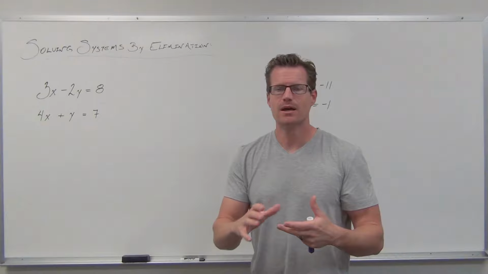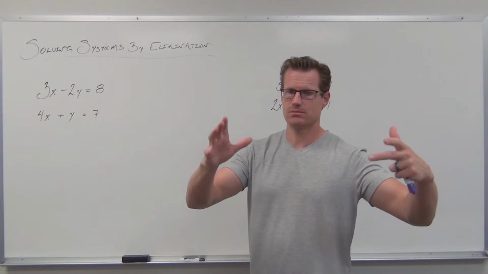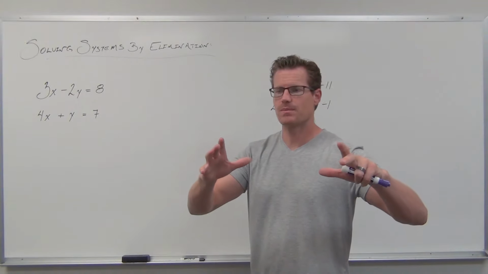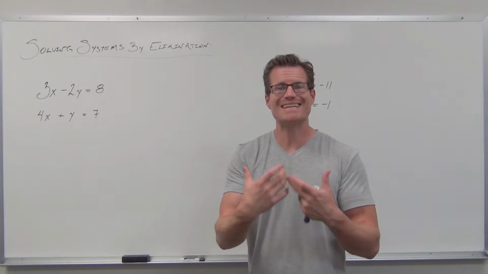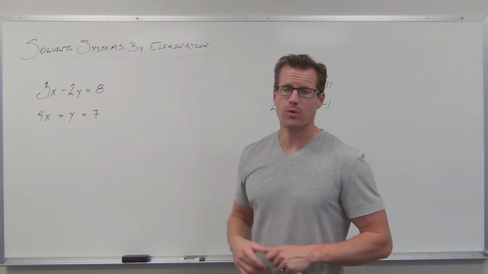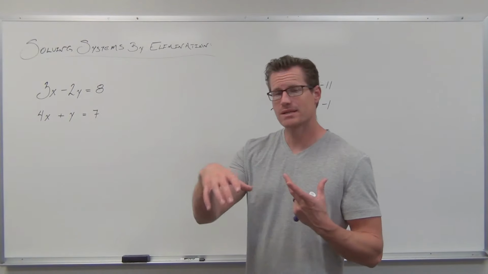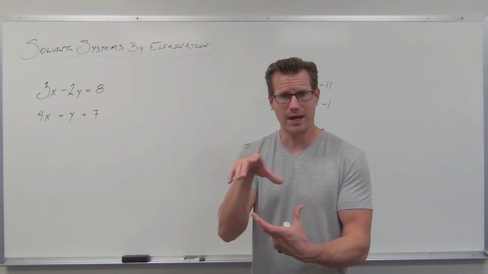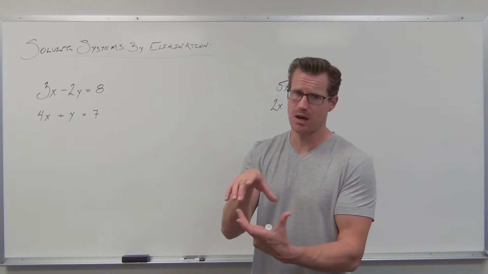All those things are fine, but what we're all trying to tell you as teachers, or whoever's teaching you, if you do it on your own, is don't make this harder than it has to be. Pick the pair of terms that's going to be the easiest to match up, the easiest to make opposite terms. 3 and 4 is not it, because you'd have to multiply 3x times 4 and 4x times 3 in order to match up 12x. And you'd have to multiply one of them by a negative because you need your signs to be opposite.